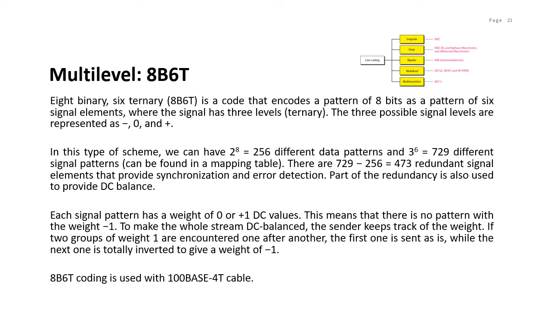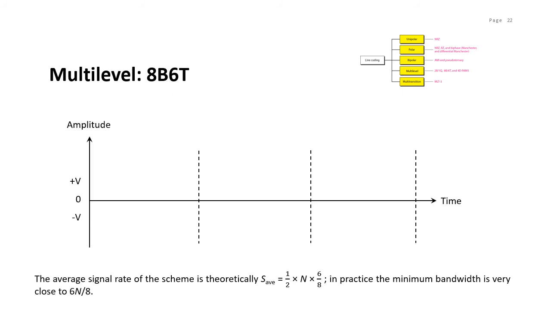In the example we will see 3 data patterns encoded as 3 signal patterns, and the 3 possible signals are represented as minus, plus, and 0. As you can see here, the first 8-bit pattern 00010001 is encoded as the signal pattern minus 0, minus 0, plus, plus.